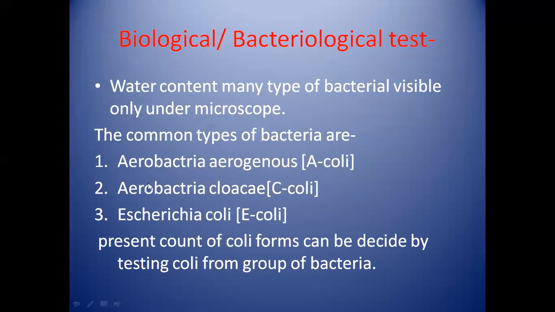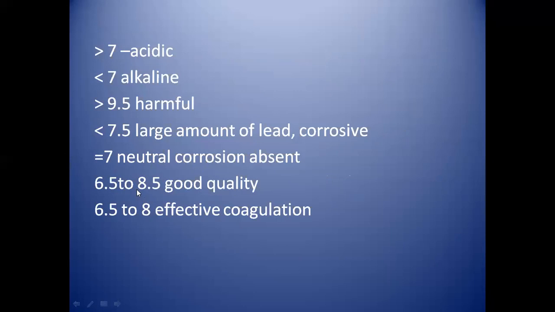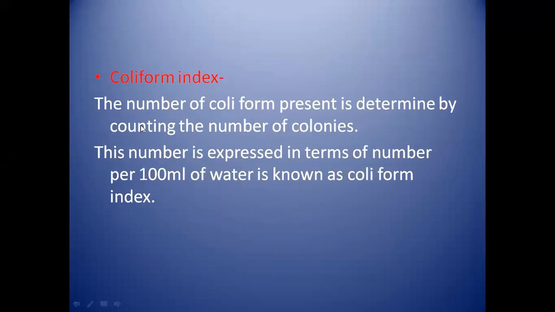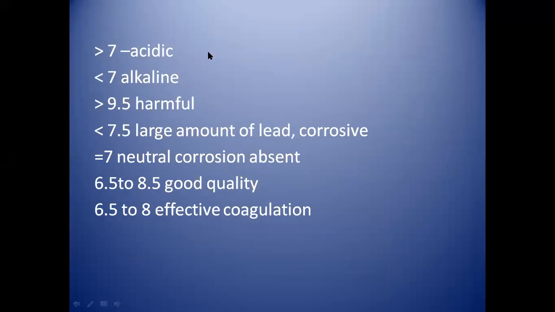Now see the pH values of water. If the pH of water is greater than 7, then this water is acidic water. If the pH of water is less than 7, then this water is alkaline water.